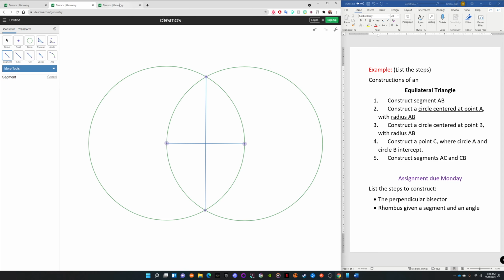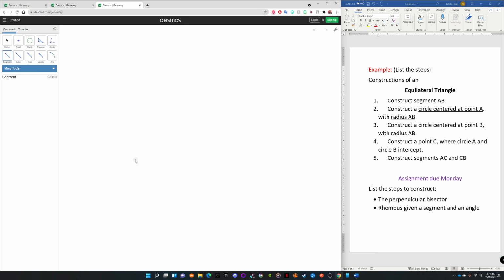All right, next one, the rhombus. You want to construct segment AB. Construct segment AC. Let me actually label these points because I'm going to get a few more points here. Construct circle centered at A with radius AC. Define point D where circle A and segment AB intersect.